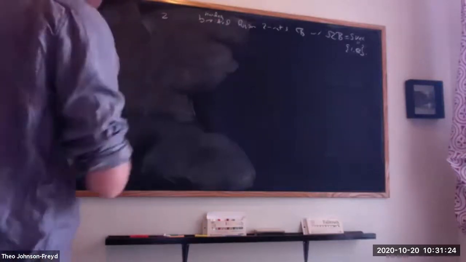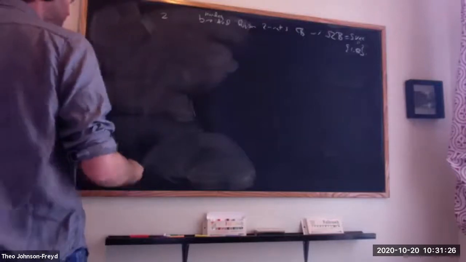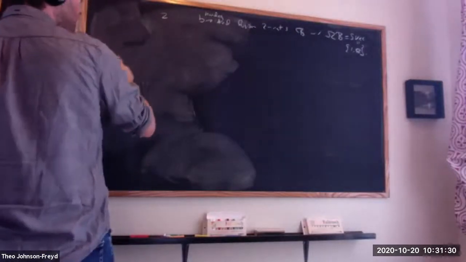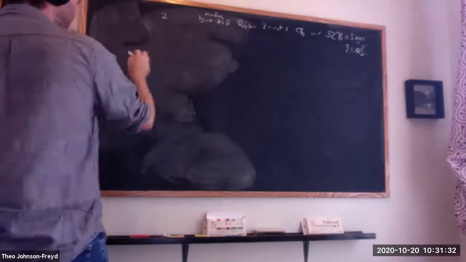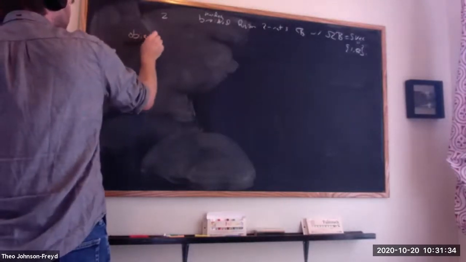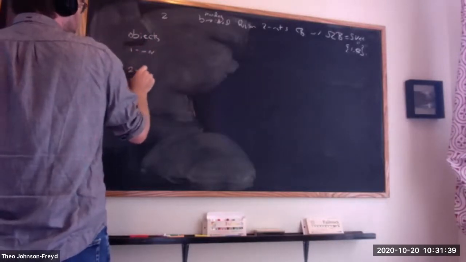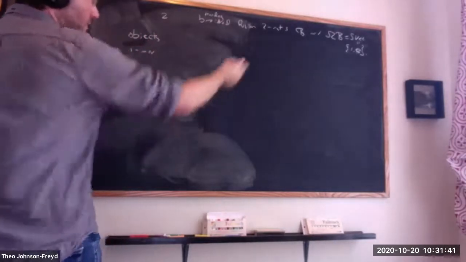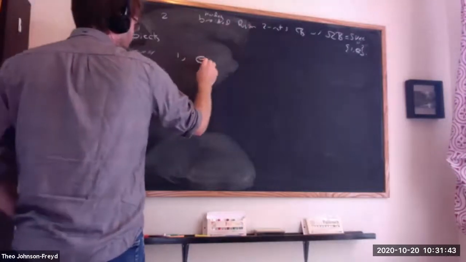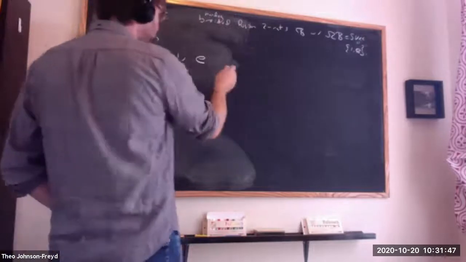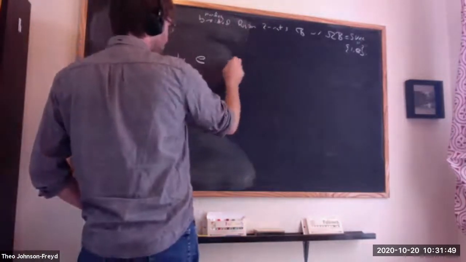So what is a 2 category? A 2 category has some simple objects. I'll just tell you all the simple objects. So the 1 morphisms I told you already, there's 1 and there's a particle e, which is a fermion.